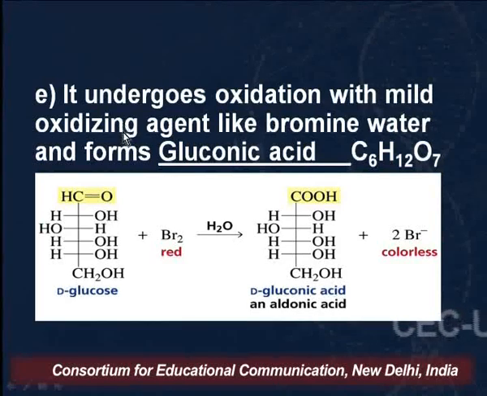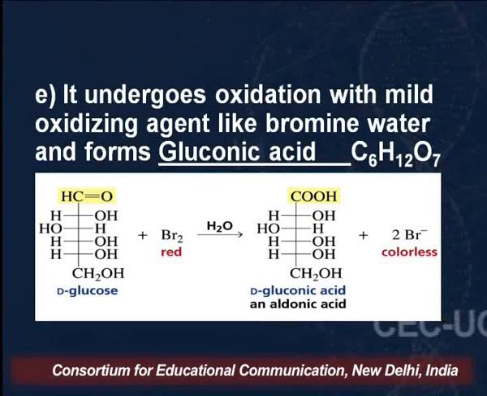So the first four reactions showed us that glucose has a carbonyl group. But when we carry out the reaction with bromine water, the color of the bromine water is discharged, and we get a monocarboxylic acid, which is D-gluconic acid, which proves that this carbonyl group is an aldehydic group.